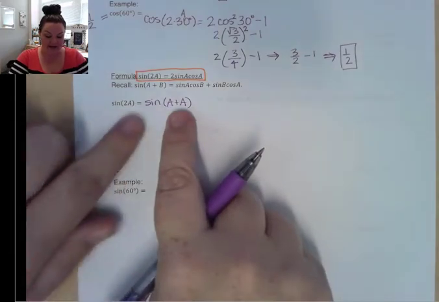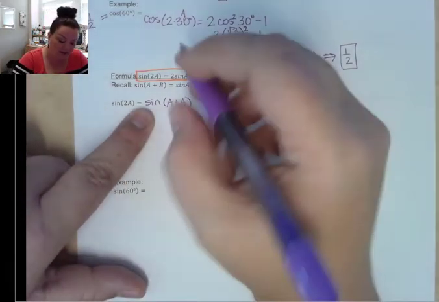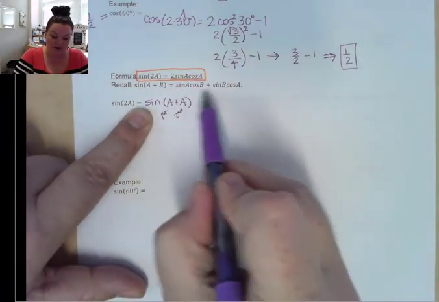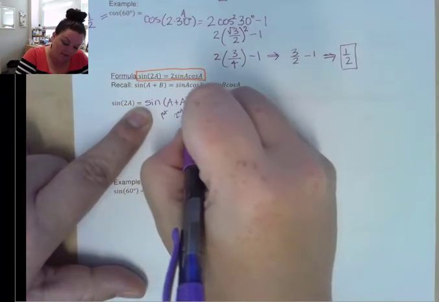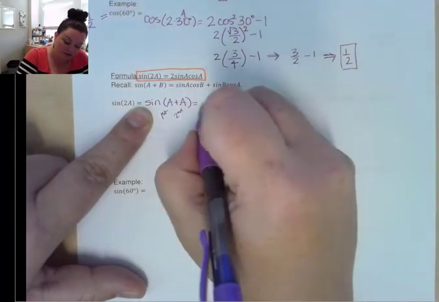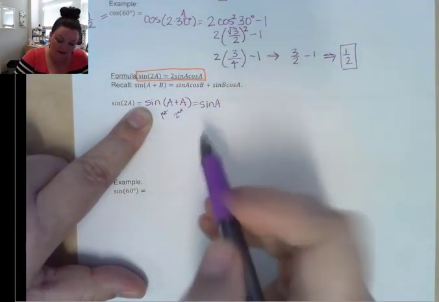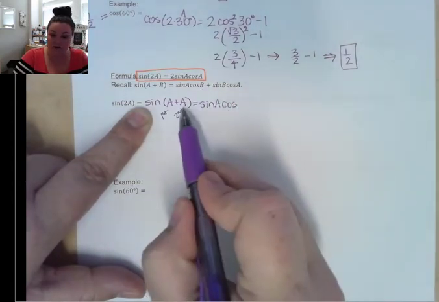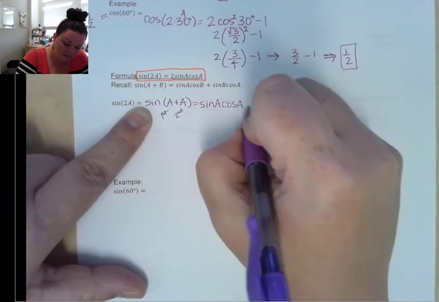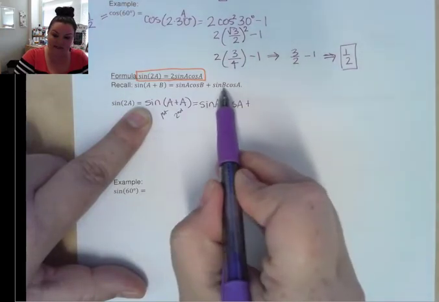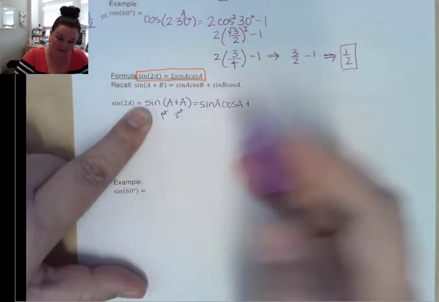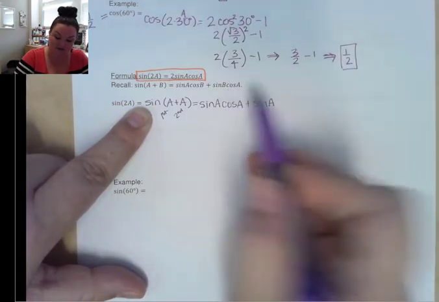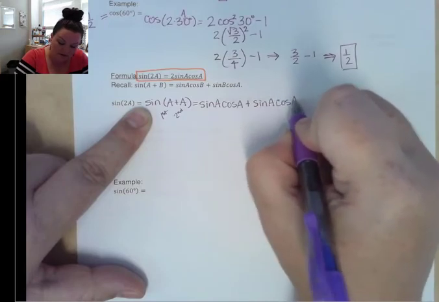Now that I have it written as an addition, I can just plug this first angle a and the second angle a into my formula here. My formula says to do sine of the first angle, so sine a, times cosine of the second angle, so cosine a, plus sine of the second angle, so sine a, times cosine of the first angle, so cosine a.